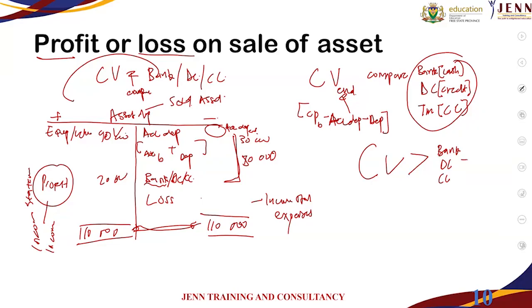Then it means in that case we sold at a loss. If what we have received, that is bank, debtors control, or creditors control, is more than the carrying value, it means we sold at a profit. We sold at a profit. That is a profit on sale of an asset.